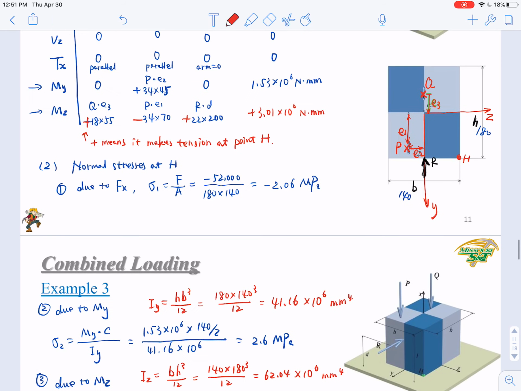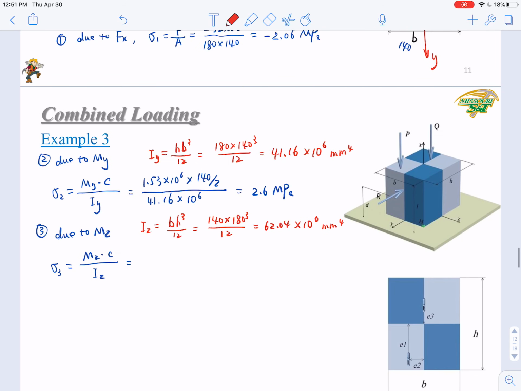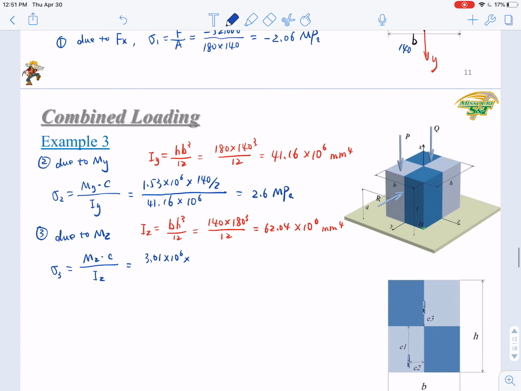Here the Mz is 3.01 million times the C value, which will be half of H, 180 over 2, over 68.04 million. Sorry, I said 62.04 at first, it is 68.04 million. So the result will be 3.98 MPa.